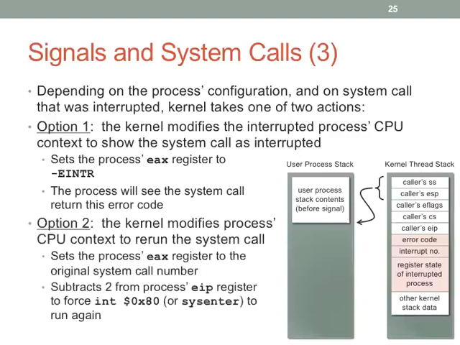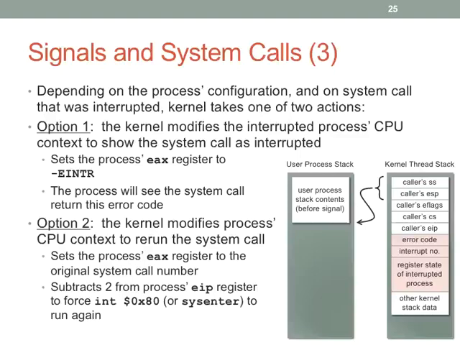Second option is if the kernel is able to retry the operation, then it can do another thing. It can actually restore the EAX to the original system call number, back up the EIP to the int 80 operation or the sysenter operation, and then return to the user process, and it'll simply retry the system call. Since the kernel has total control, it just moves back to the instruction that causes the system call and causes it to occur again.